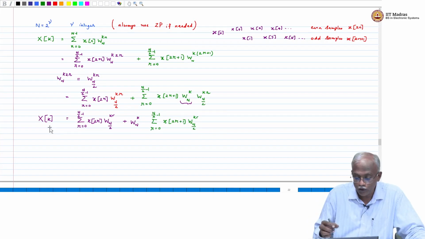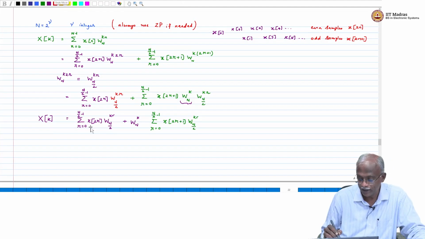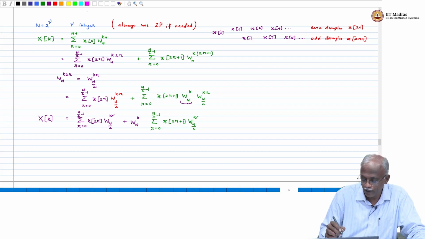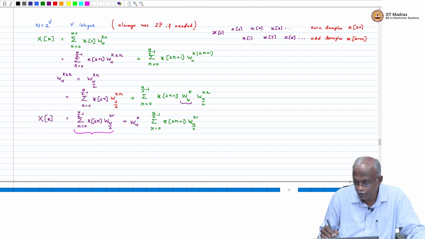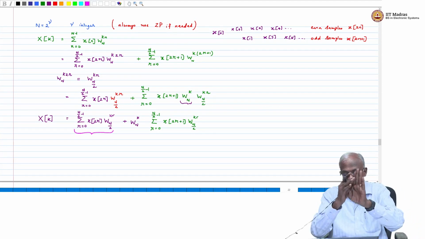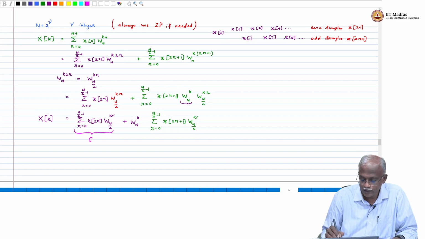Now notice the following very, very important aspect. The first quantity that you have here represents an N/2 point DFT of the even samples. Okay, let's call that G[k].